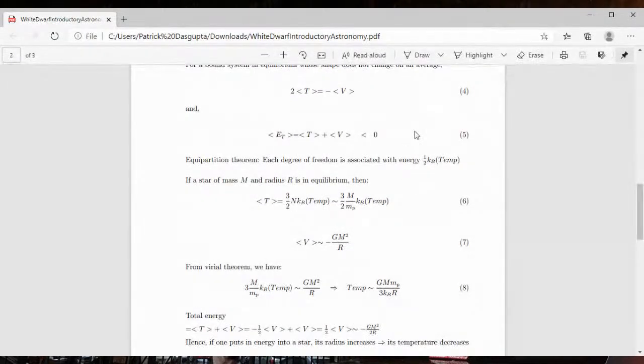By virtue of the virial theorem, what is the virial theorem? Equation 4, that twice the time averaged kinetic energy is minus the time averaged potential energy.